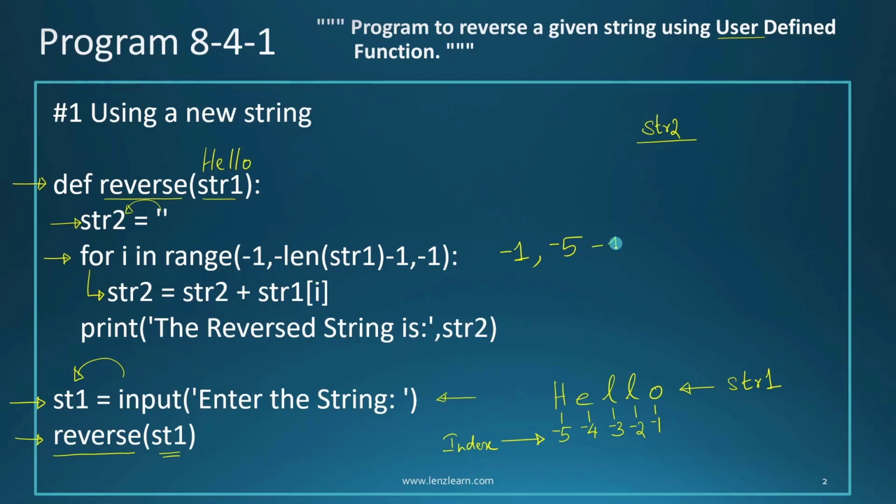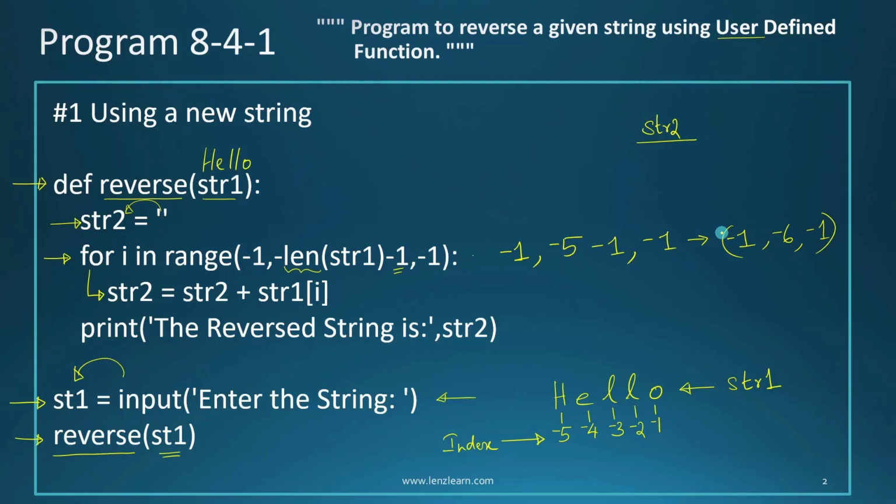Going one past that, the values inside the range operator come to -1, -6, -1. Why have we used len here? Because based on the length of the string, our range operator has to change. Right now the length is 5, that is why we got -1, -6 and -1.